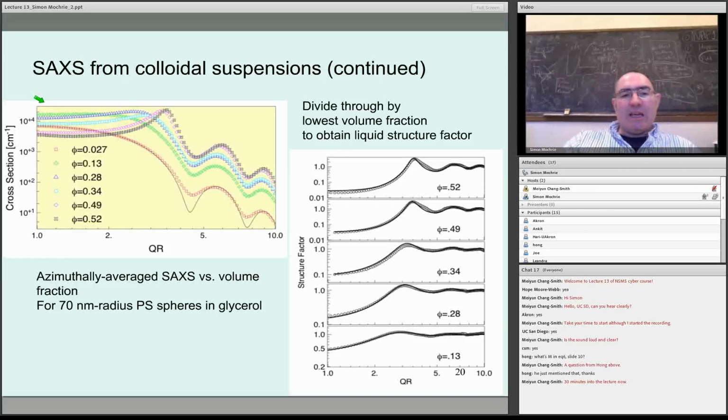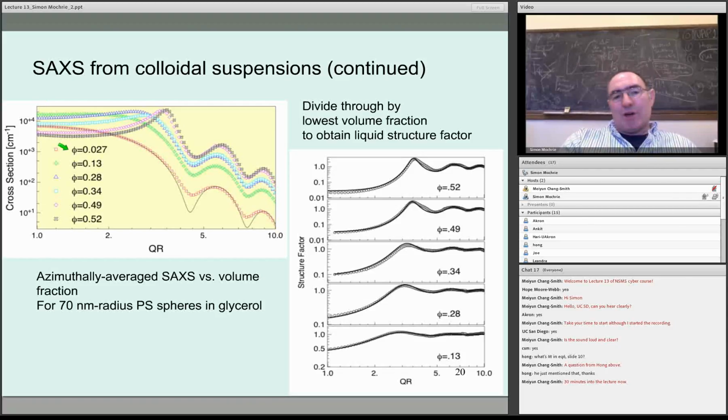So what you see here is the azimuthally averaged small angle scattering profiles for a number of different colloidal suspensions with different volume fractions. So this is a volume fraction of 2.7%, and that corresponds to this profile here.